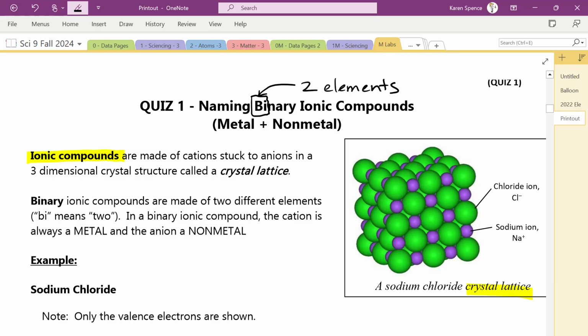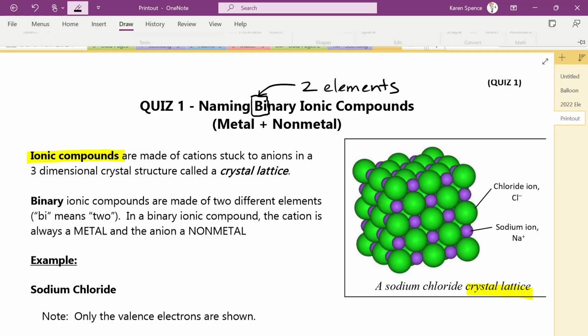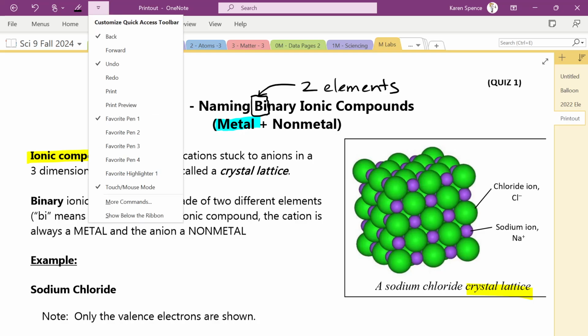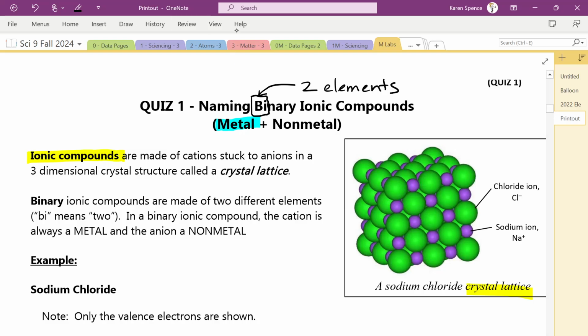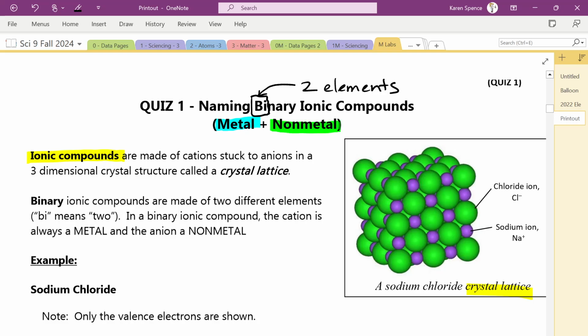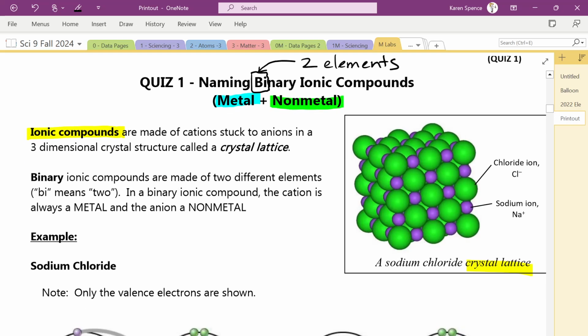We will have some later that contain 3 or more elements, but these ones only contain 2 elements. One of those elements is a metal, and one of them is a, what's the other one in an ionic compound? Non-metal. Okay, so we have a metal and a non-metal.